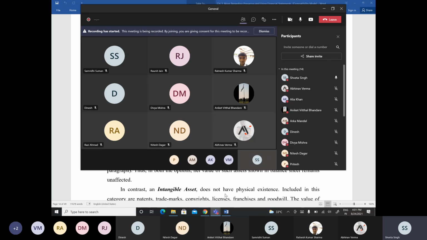Now, suppose a company has bought a machine worth a crore, then every year the Income Tax Act allows the company to write off some part of that value of the machine and treat it as a tax deductible expenditure. So basically, in depreciation, the company is not actually giving that money to anyone.